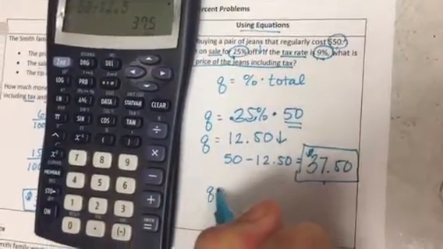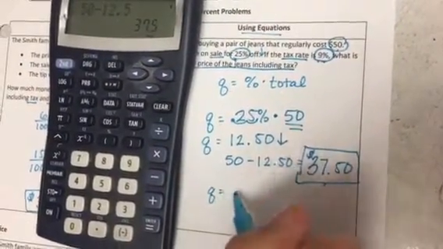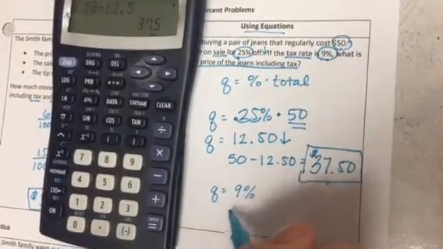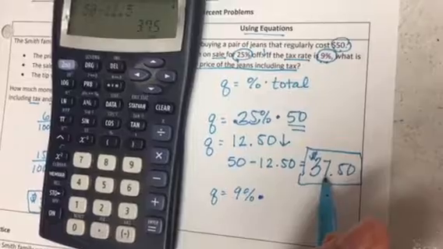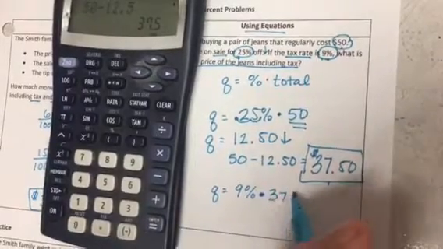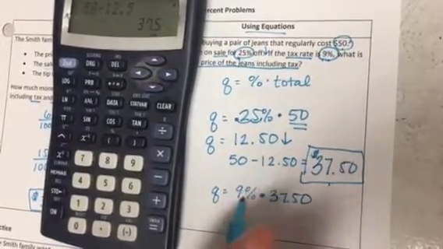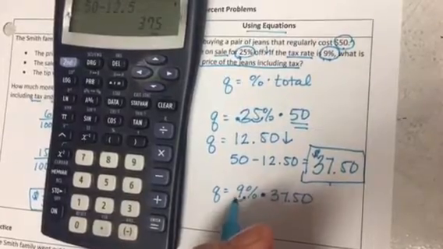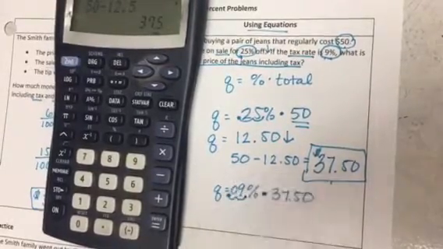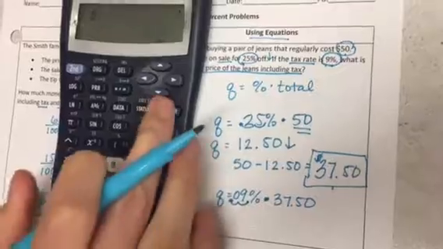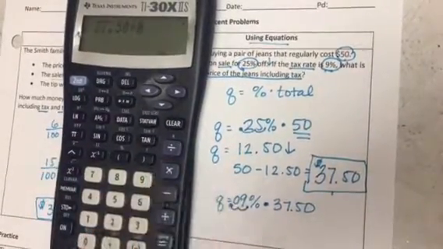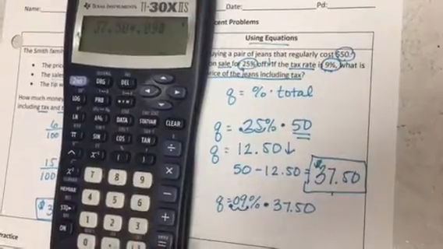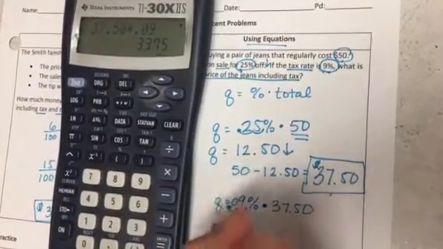This time, the quantity is going to be that 9% tax rate times my total of $37.50. Let's convert this percent to a decimal. We go 2 spots to the left, and I'm going to multiply $37.50 times 0.09 times the tax rate.